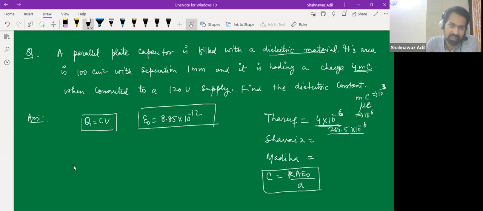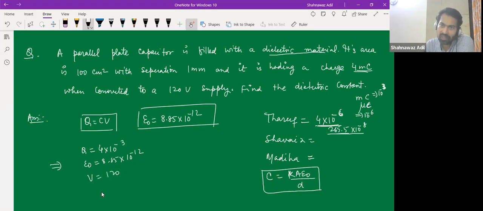So let us check here, right, Shrav? Q is 4 millicoulomb, and then epsilon naught we already know, 8.85 into 10 to the power minus 12, voltage is given 120 volt, and distance is given 1 millimeter, which is 1 into 10 to the power minus 3 meter.